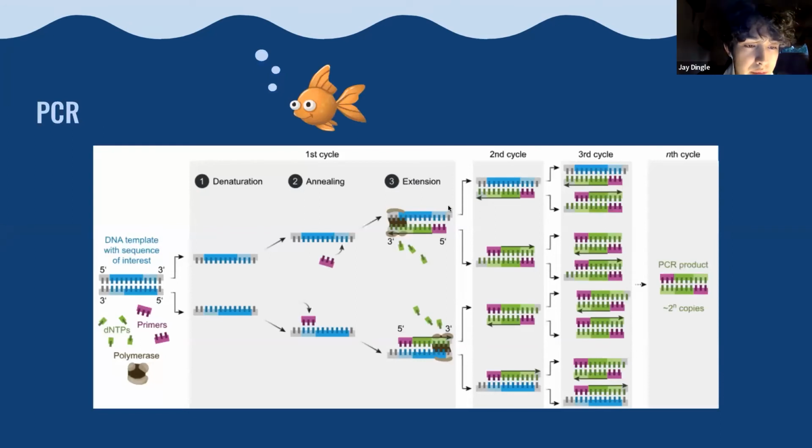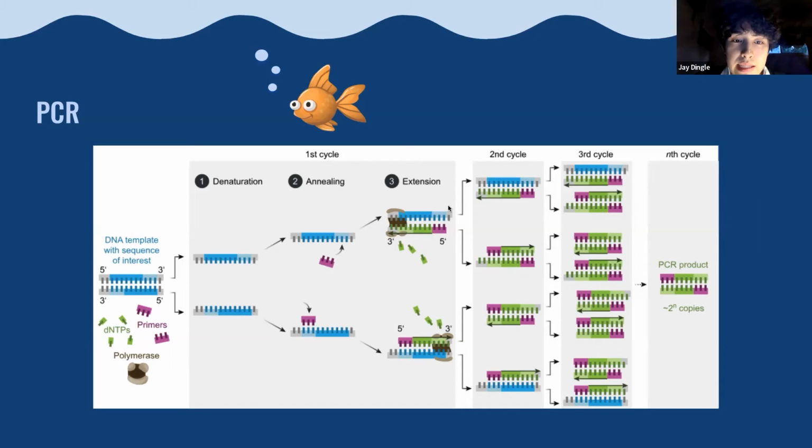So here on the left-hand side, we've identified our sequence of interest, and we've denatured it by heating it to 95 degrees Celsius, separating the two strands here. In our annealing process where we cool it, we're adding our primers to the 3' ends. Now, what these primers will do is define the region of DNA that will be amplified.